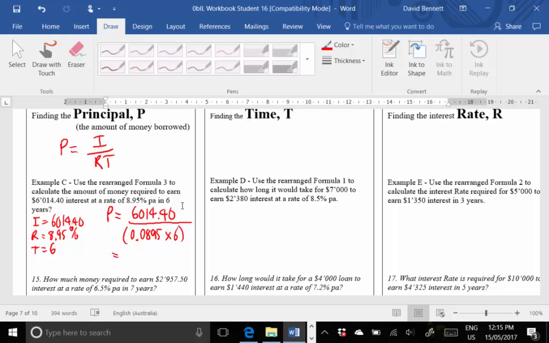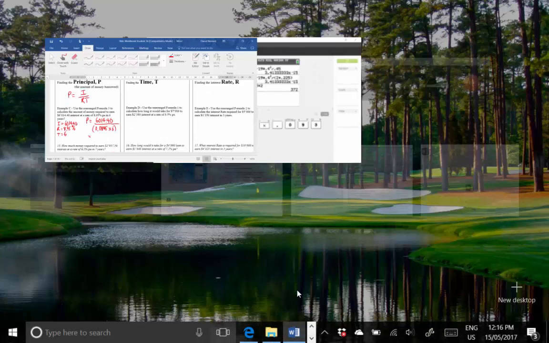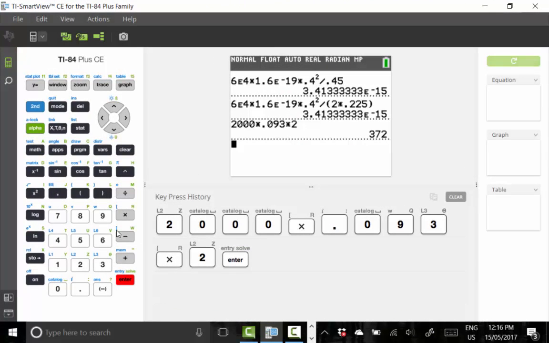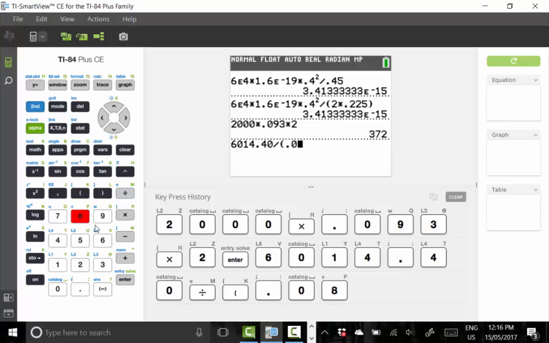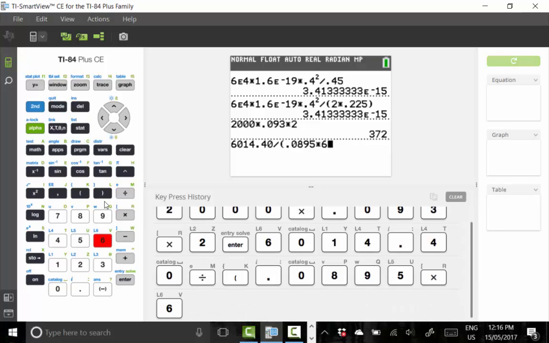Alright, so if I do that, we work that out. So go to the calculator again. 6014.4 divided by, now I have to use brackets, 0.0895 times 6, and that will give us $11,200.